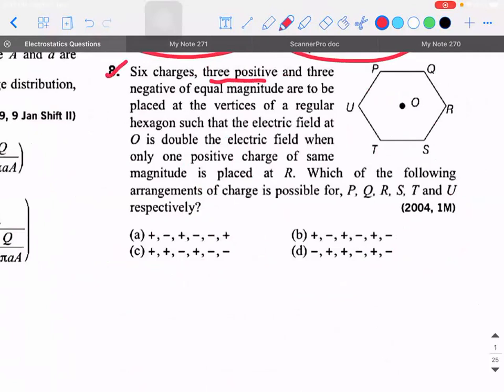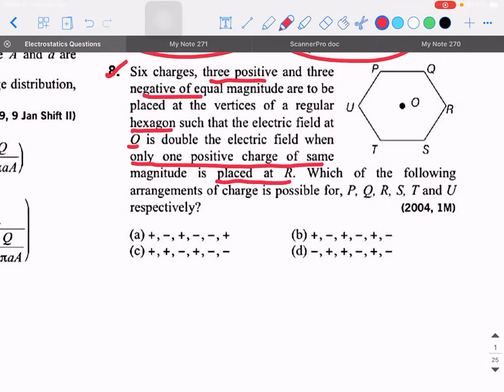6 charges, 3 positive and 3 negative of equal magnitudes are to be placed at the vertices of a regular hexagon such that the electric field at O is double the electric field when only one positive charge of the same magnitude is placed at R. Which of the following arrangements of charge is possible for PQ, RS, TU respectively? No other option.